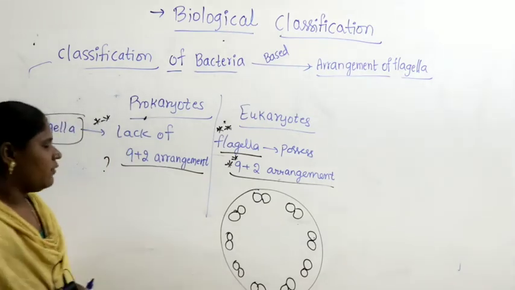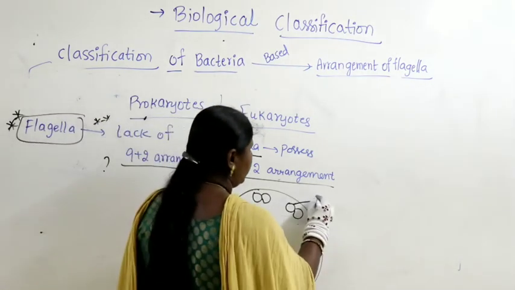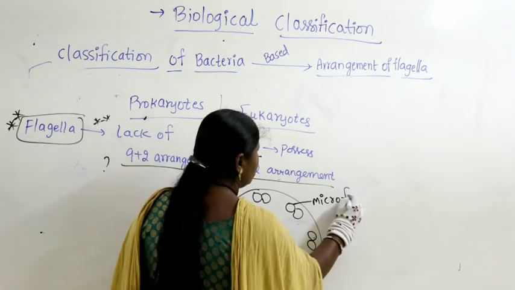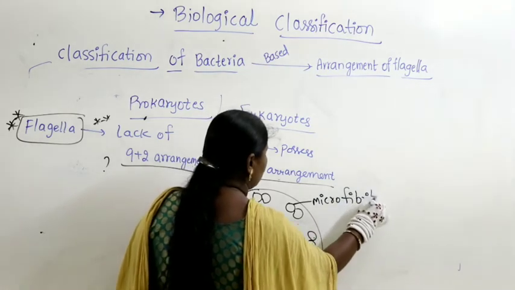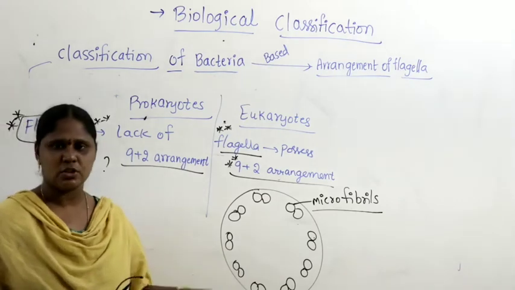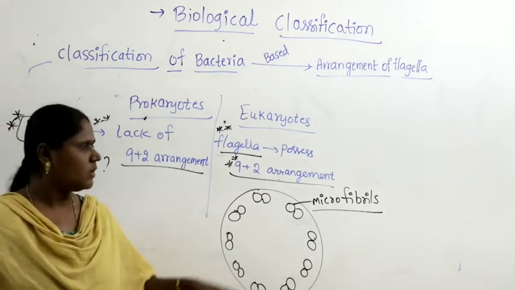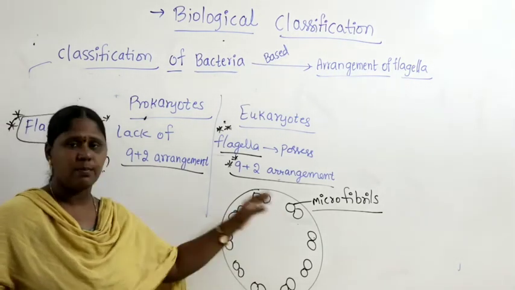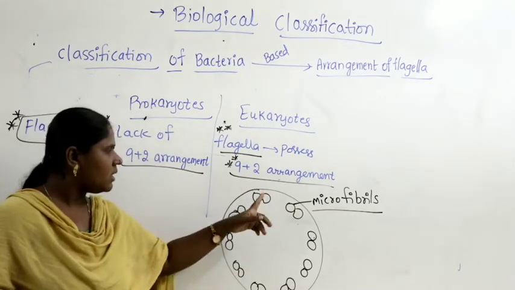These are called microfibrils. The flagella is made up of microfibrils. What are these microfibrils? They are nothing but proteinaceous extensions which we find in the cytoplasm. So these all occur in pairs, 2 like this.